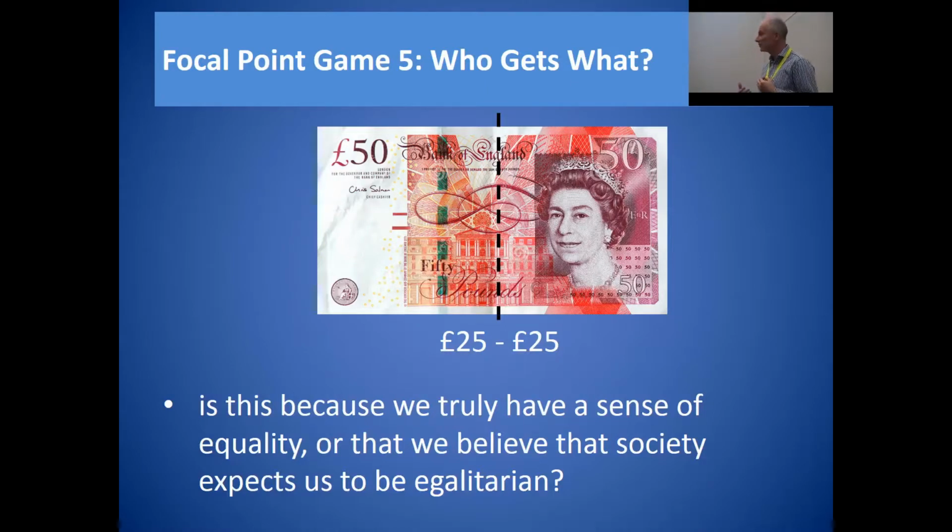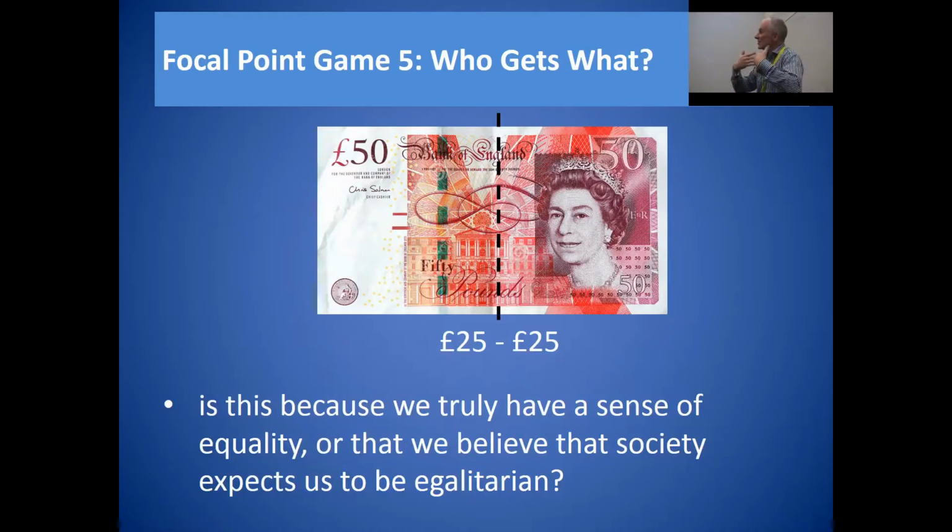Or perhaps, if I offered you, Tanya, do you want £25 or do you want £50? Which would you prefer? 50. You would much rather have £50, but why didn't you say that? Perhaps saying what that share is in front of everybody, people might say, well, Tanya, she wants everything, how greedy is she?